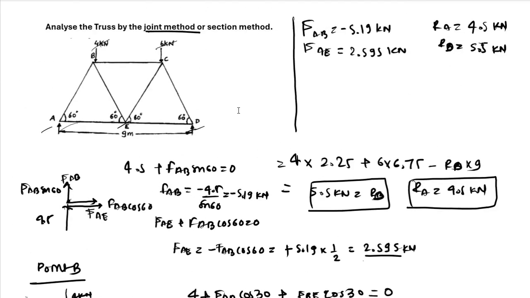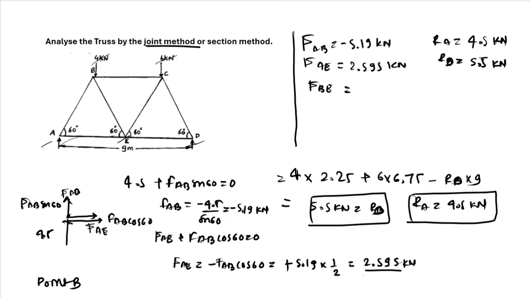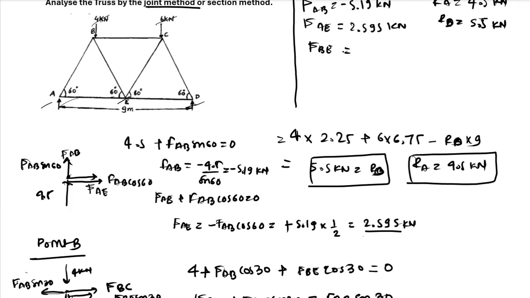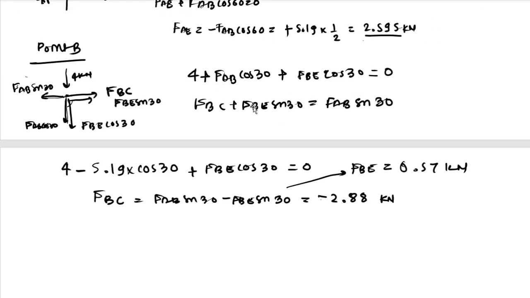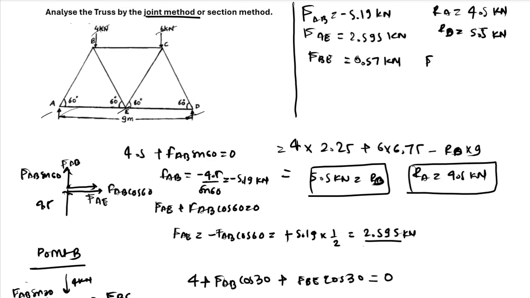You can just write the calculated forces here again. We have FBE as 0.57 kilonewton. You have FBC as minus 2.88 kilonewton.